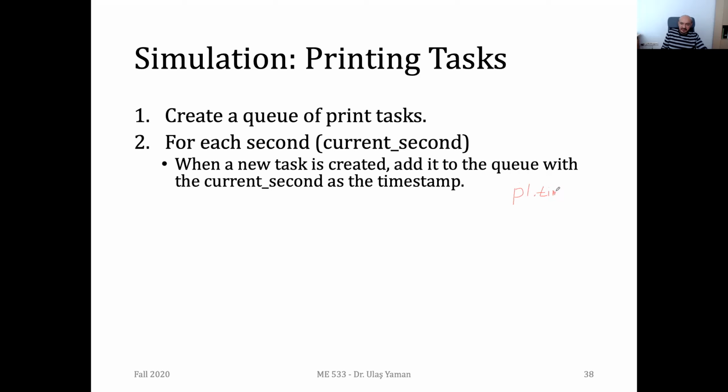You need to have such a property, and this will be, let's say, equal to 23. This will be the second at which you are sending this document to the printer.